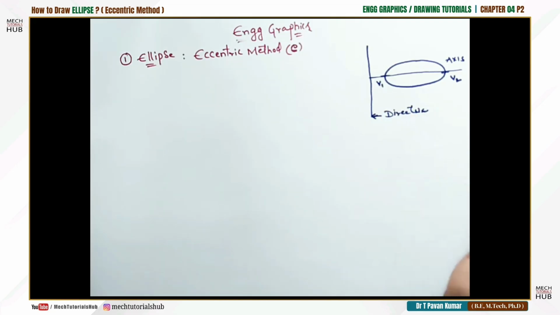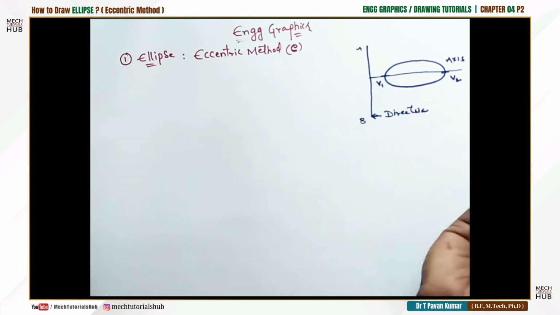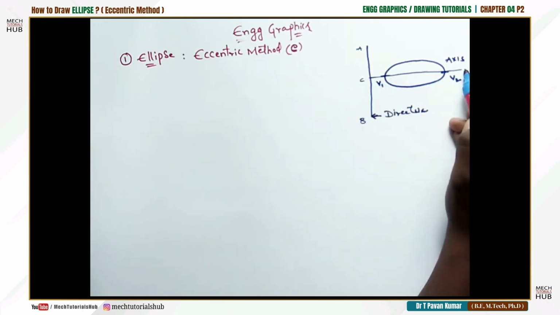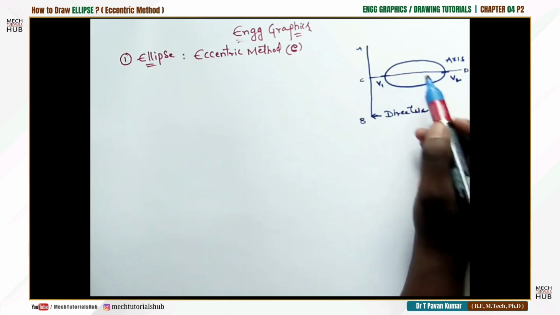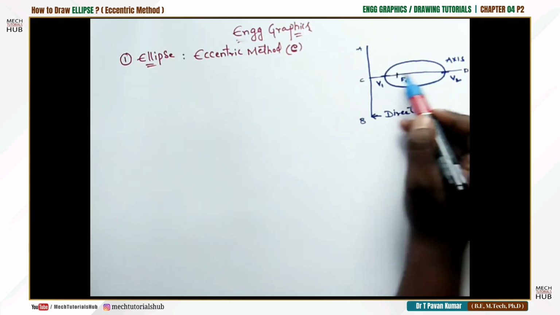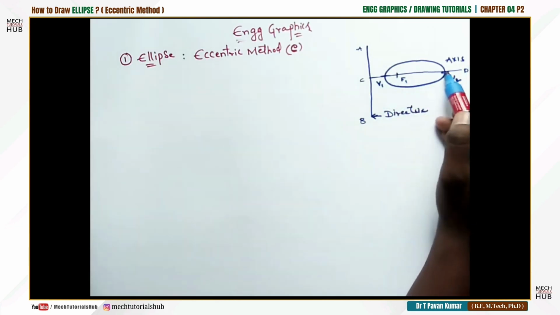directrix. In general practice we name this directrix AB, or whatever alphabet you would like to give. Similarly the axis we can consider as CD. Other than the vertices V1 and V2, there is one more point called focus F1, and the distance between V1 and F1 will be the same as the distance between V2 and F2.